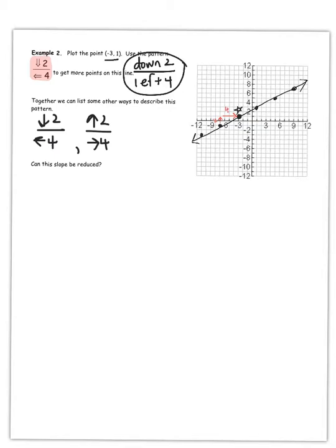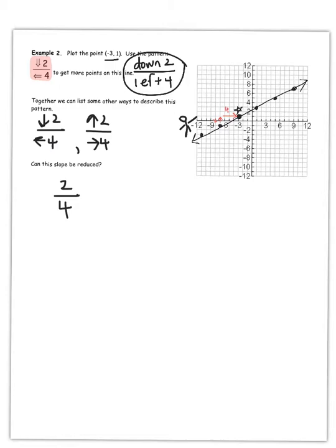This graph is going up. It is an increasing graph. If you were walking on it, you'd be going uphill, which means that if we lose the arrows, our slope is just 2 over 4. It's a positive slope.